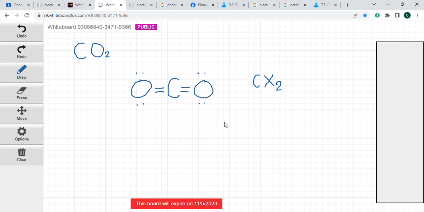So if it is balanced, it means that carbon dioxide is nonpolar.